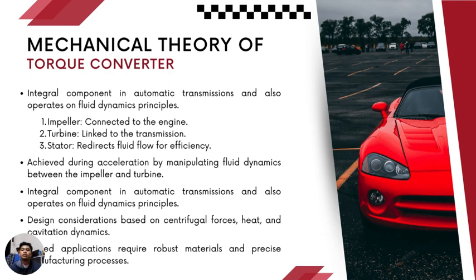Torque multiplication during acceleration is achieved by manipulating fluid dynamics between the impeller and turbine. A lockup clutch may mechanically connect them at higher speeds. Additional considerations involve centrifugal force, heat generation, and cavitation influencing design choices. Material and manufacturing processes are crucial for ensuring durability and performance in varied applications.